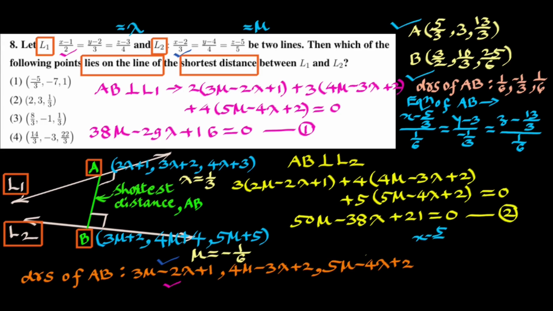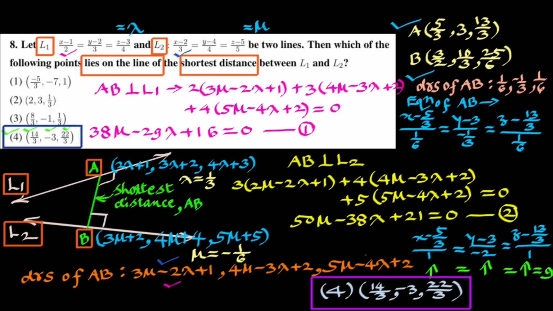That will be (x minus 5 upon 3) upon 1 equals (y minus 3) upon minus 2 equals (z minus 13 upon 3) upon 1. Now if we check this fourth point, putting x equals 14 upon 3, y equals minus 3 and z equals 22 upon 3, each of these ratios becomes 9, telling us that the point in option 4 is the correct answer.